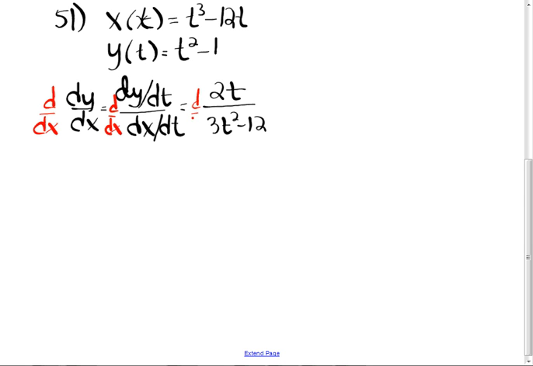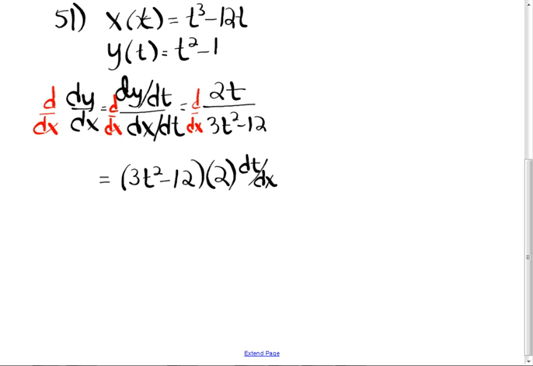Now I'm going to use the quotient rule. Okay, Matt, what's the derivative of this thing? It's the denominator times the derivative of the numerator, but it's with respect to x. So it's 2 times dt/dx.